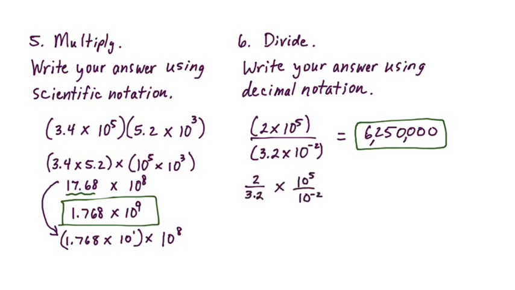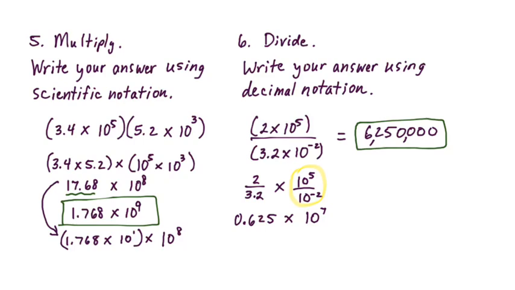Now you could actually do this by hand. You could break this into two fractions. Remember, you multiply across when you multiply, so this is still equal to what we started with, 2 times 10 to the 5th over 3.2 times 10 to the negative 2. But now we can divide this part, and we get 0.625, and I also divided here, and you subtract the exponents.